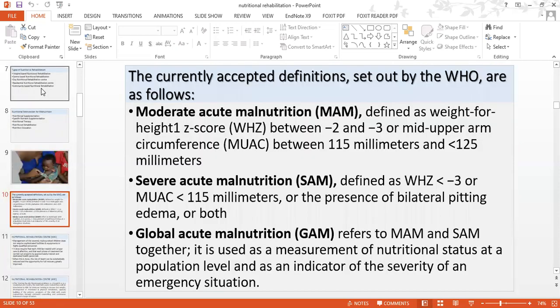Just to remind you, we have already learned about the various types of malnutrition, but here, to understand rehabilitation, we have to recap moderate acute malnutrition, severe acute malnutrition, and global acute malnutrition concepts.